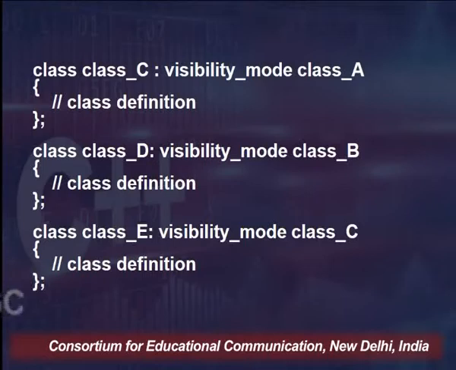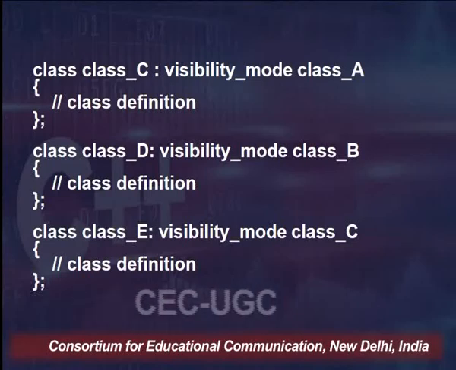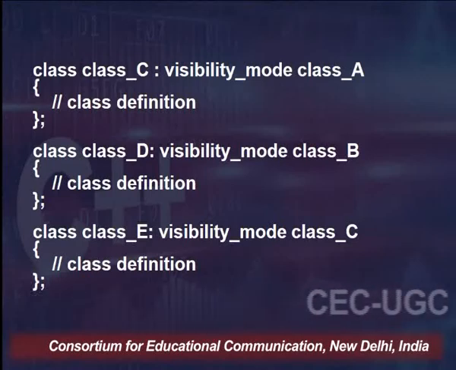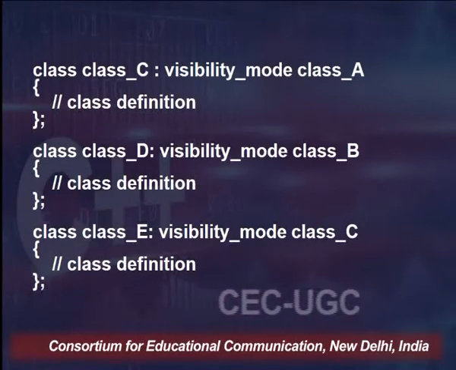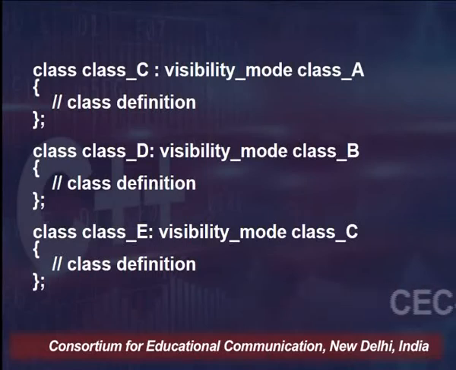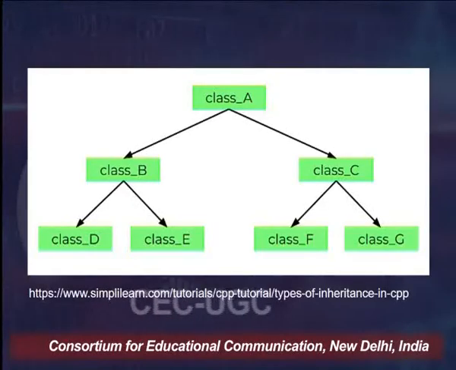Now we have class D and class E. So class D and class E have visibility modes for deriving; D derives class B, and let's say E derives class C. So we have the structure A being derived by B, and B being derived again by D. Similarly, we have A being derived by C, and C being derived again by E. So in the tree structure, we have shown two derived classes at the last level, but in the example we have taken only one.